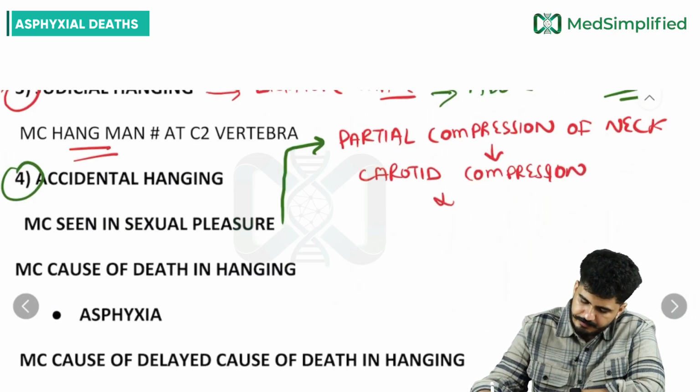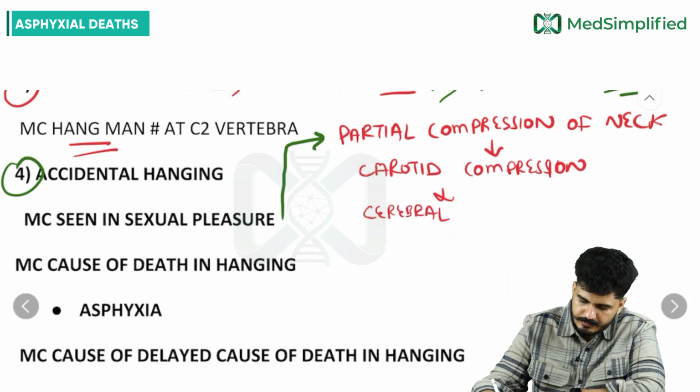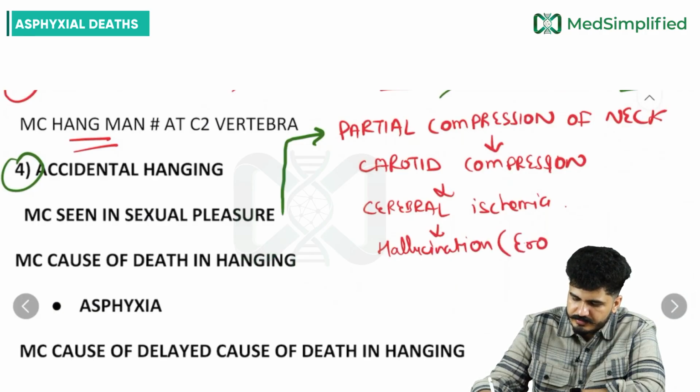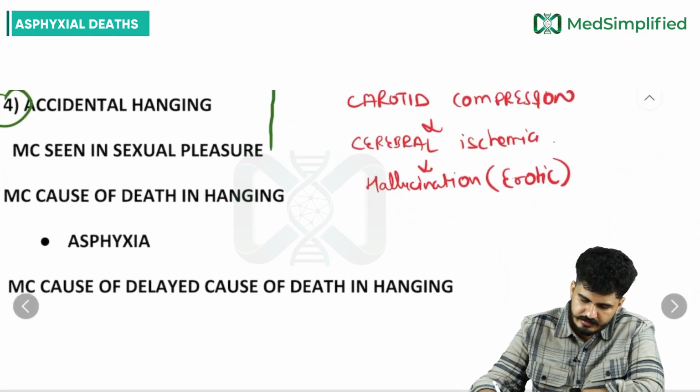Because of carotid compression, there will be cerebral ischemia. Because of cerebral ischemia, there will be hallucination, and these are erotic, or you can say sexual, hallucinations. And this sexual hallucination will produce the orgasm.